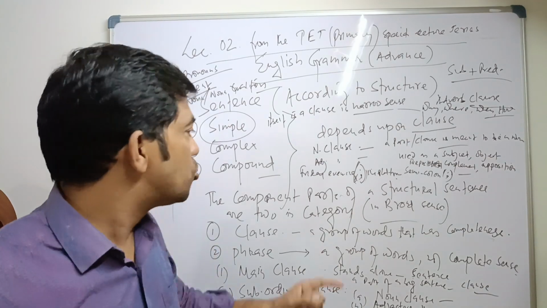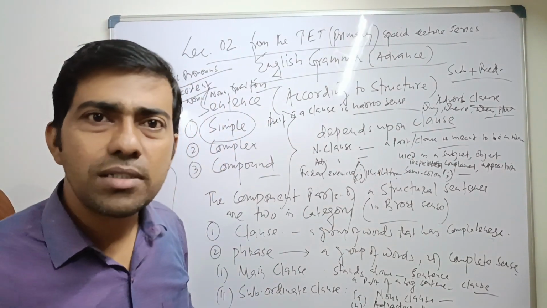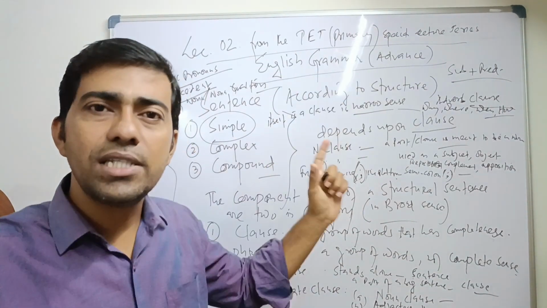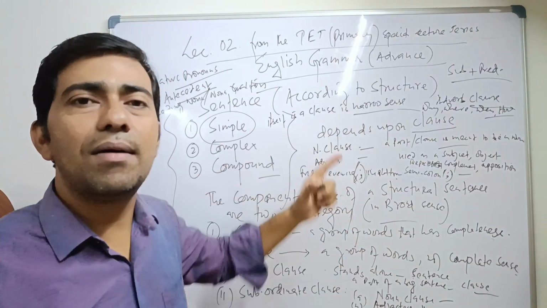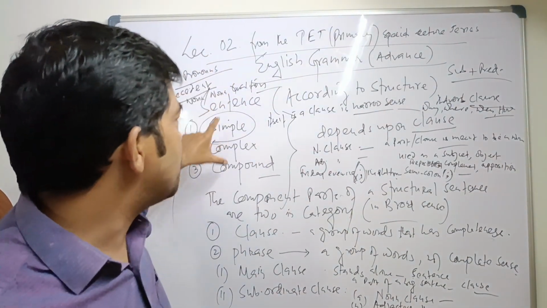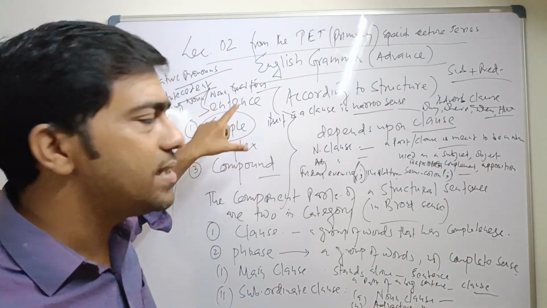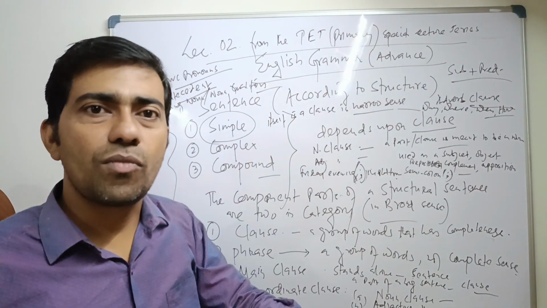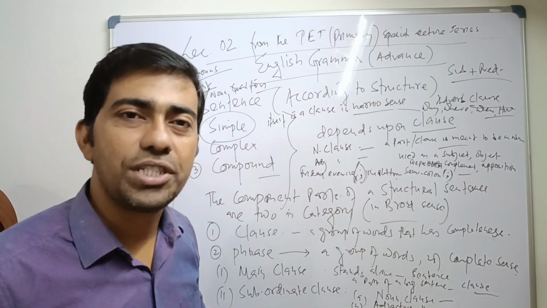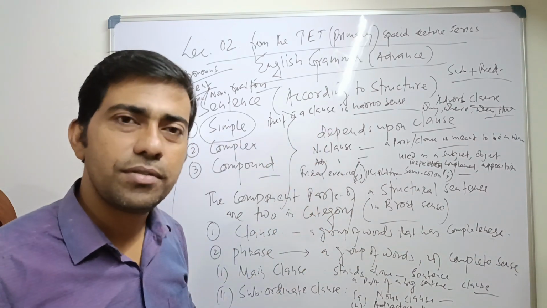So this is all about today's class: the main components of a sentence in a broad sense, phrases and clauses, and from the phrases and clauses come the 3 sentences, and these sentences come from the usage of the clauses: noun clause, adjective clause, and adverb clause.